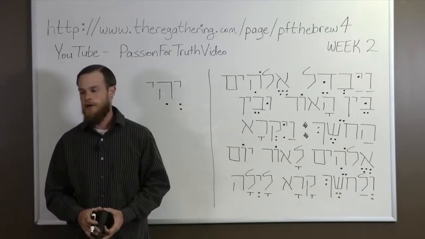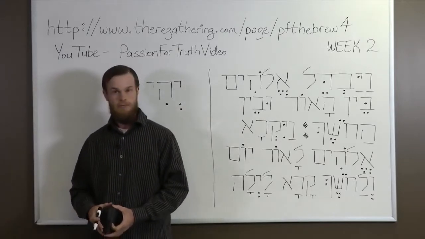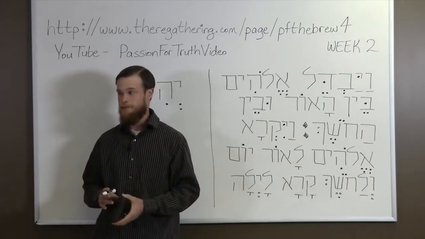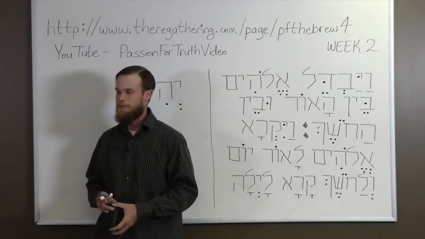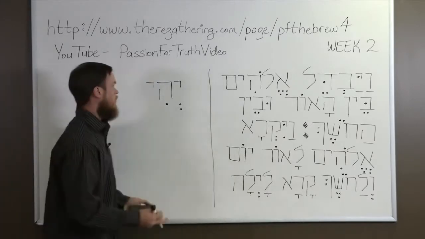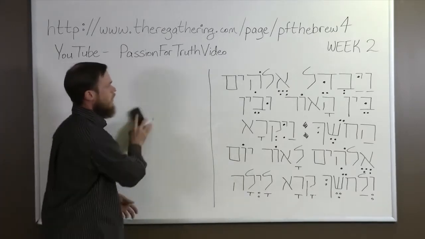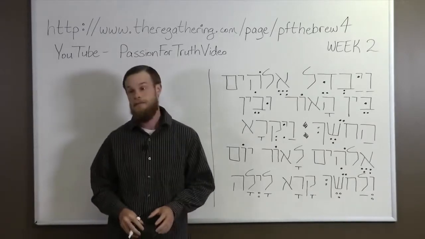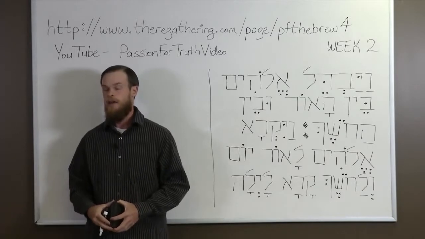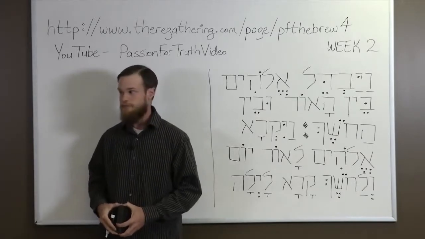Okay, so Vayomer Elohim, and God said. Now we have an invisible quotation mark, which we don't know until we actually read the whole thing and put it together, but I'm just giving you a heads up that there is one there. Yehi, let it be. Okay, let what be? If you recall, it is light. And so the standard translation of this is, let there be light.